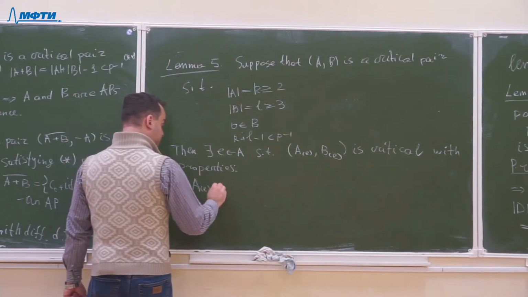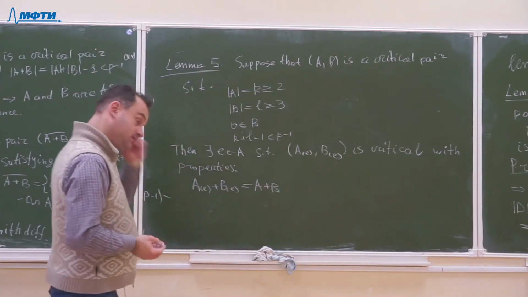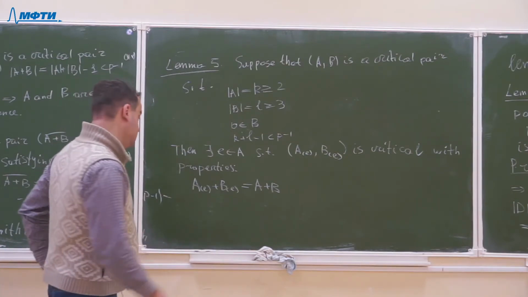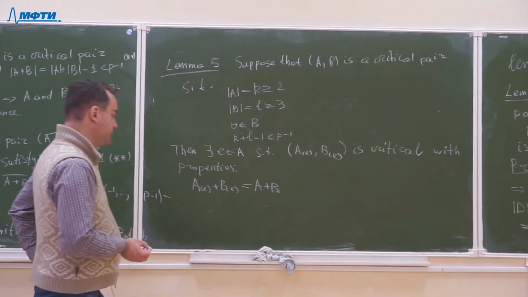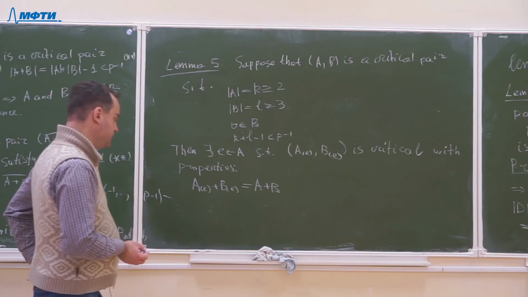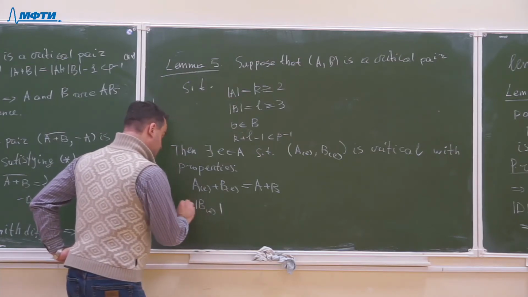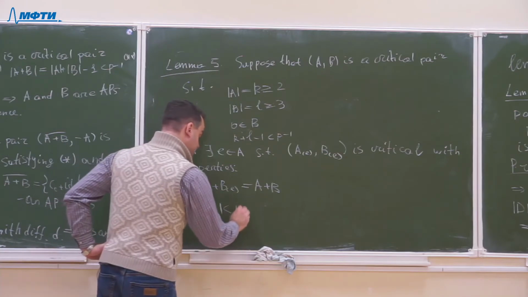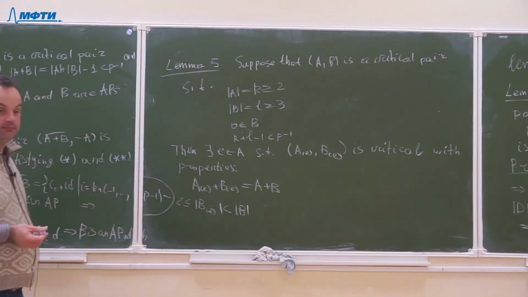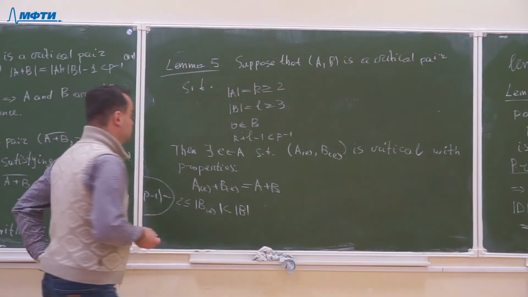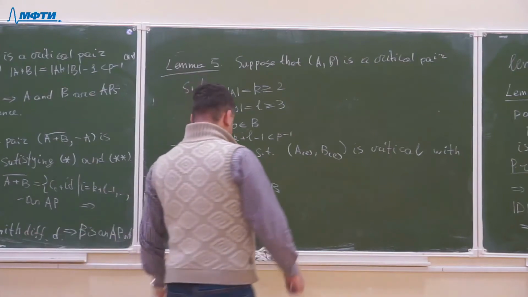First, AE plus B is A plus B. Second, the cardinality of BE is at least 2 and strictly smaller than the cardinality of B. That's all we need. Right, let's prove this lemma.